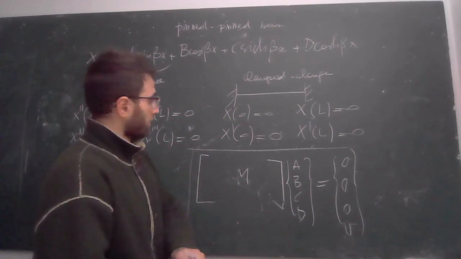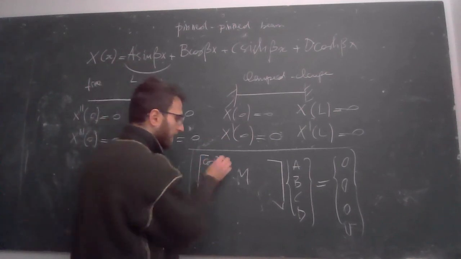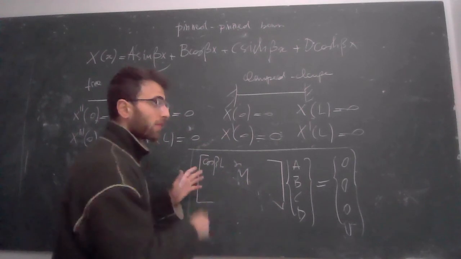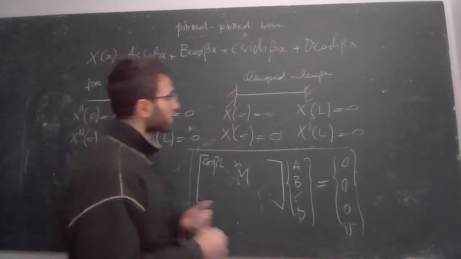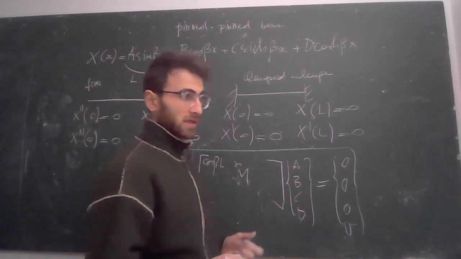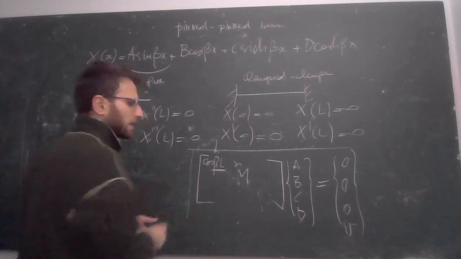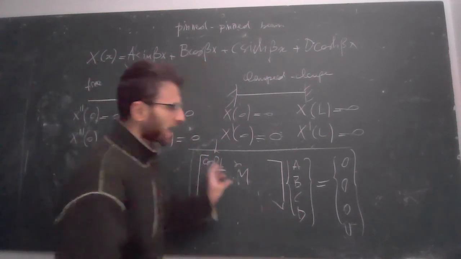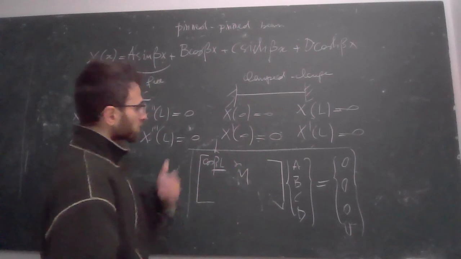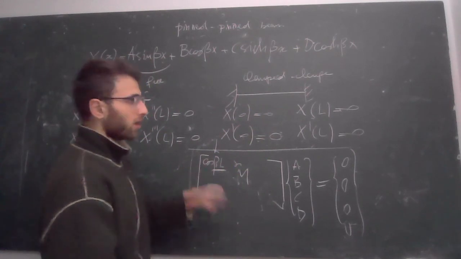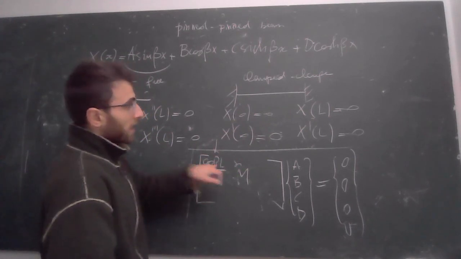But the peculiar thing is that inside the matrix there are cosine of beta L, sine of beta L, hyperbolic cosine of beta L. The unknowns are not just A, B, C, and D. The unknown is beta L. It is customary to consider just beta times L as the unknown, the product, because it is independent of the length of the beam, since beta times L always appears. So we can just estimate the product rather than beta alone.